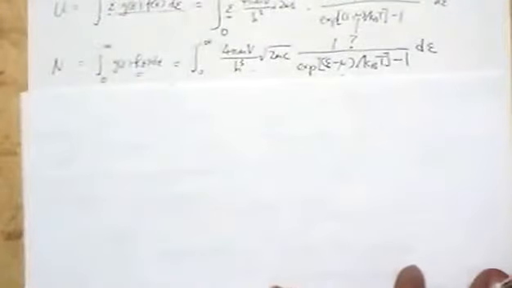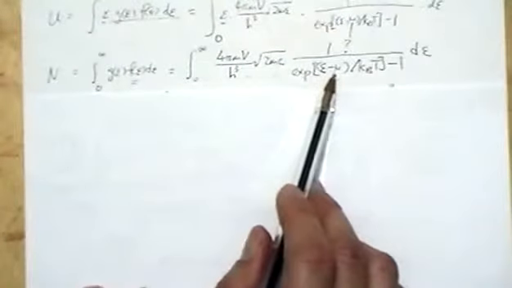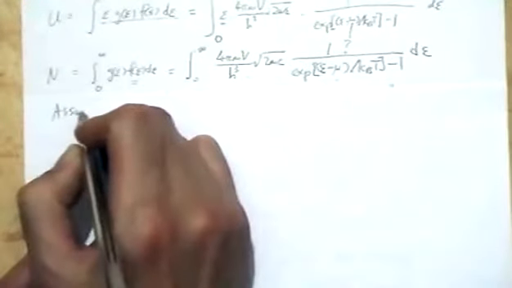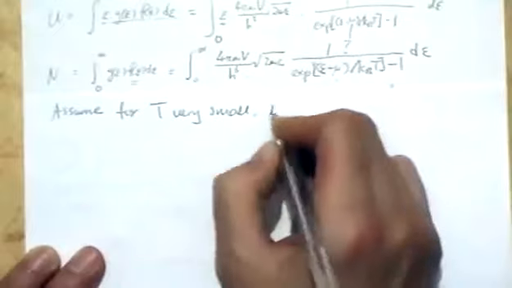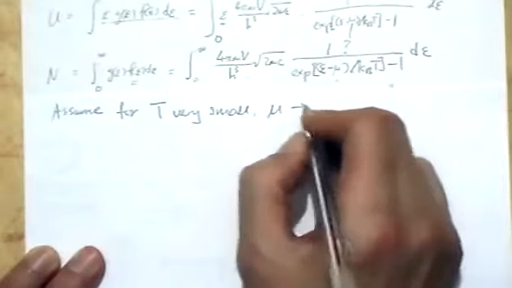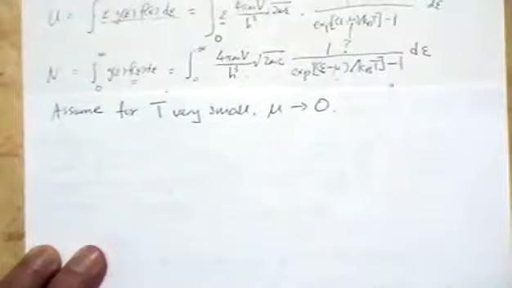So what I shall do is set mu to 0, assuming for T very small, mu goes to 0.